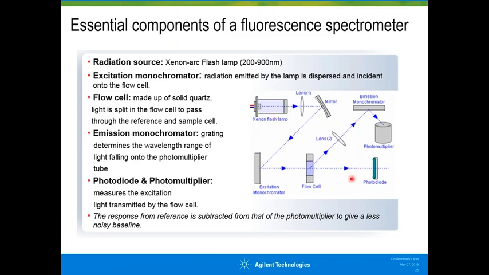There shouldn't be any noise during my analysis, so that is reduced. The response of the reference diode is subtracted from the photomultiplier tube to give a flatter and less noisy baseline. So this is the basic instrumentation of a fluorescence spectrometer. Fluorescence detectors are also called FLD detectors, which are used in HPLC, and fluorescence spectrophotometers also follow similar instrumentation.